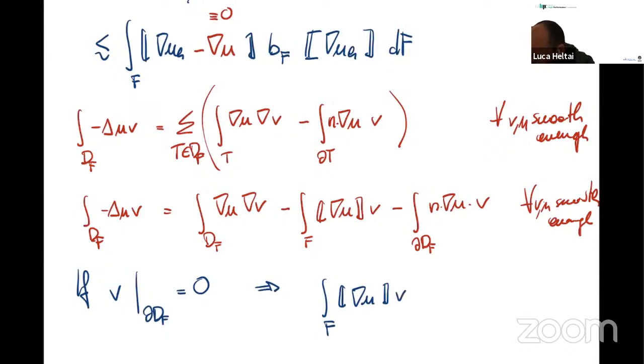Then I have that the integral of the gradient of u times v is exactly equal. So I won't have this term if that part on the boundary is equal to 0. So if that is equal to 0 there, then what you're left with here is just minus Laplacian of u v plus the integral over the f.